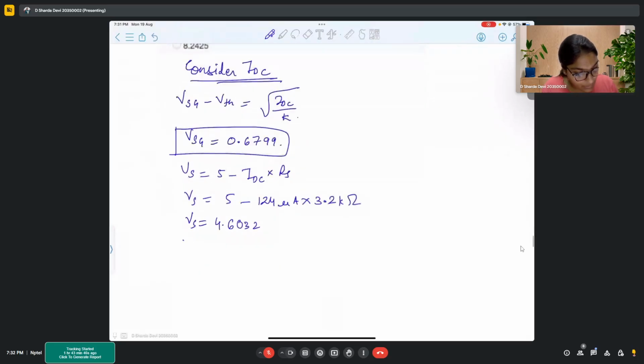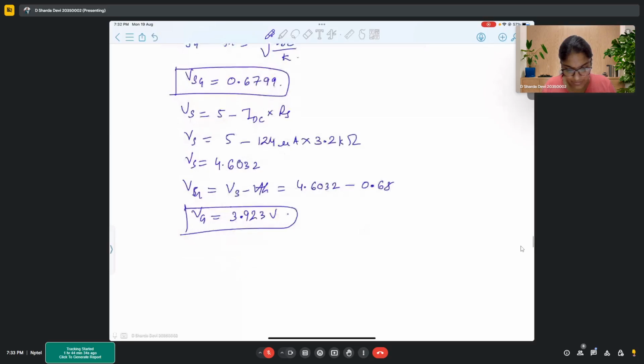Now Vg is equal to Vs minus VTH, so this will be 4.6032 minus 0.68. So Vg is equal to 3.923 volts.